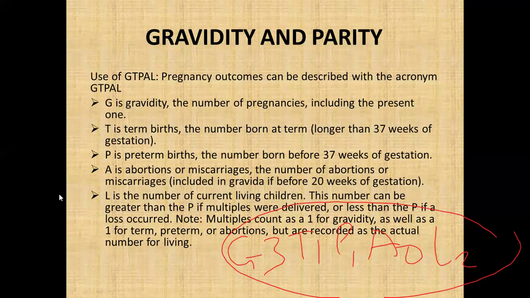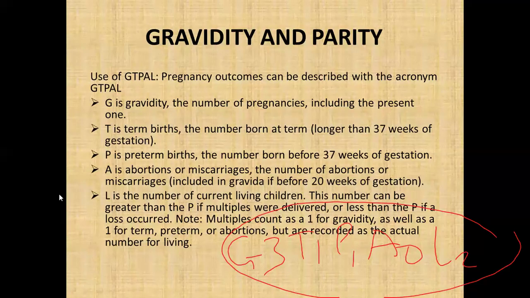But after 20 weeks of gestation, whether you intentionally lost the pregnancy or you give birth, the fetus becomes viable. So if it's after 20 weeks and you are giving birth, that is when we term that pregnancy as being viable.